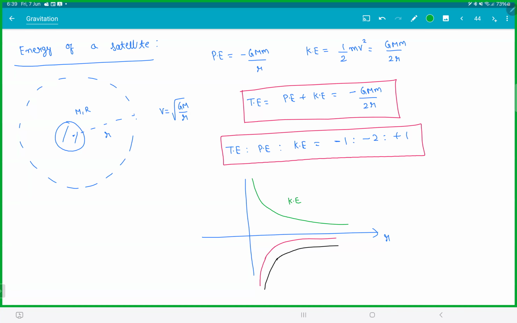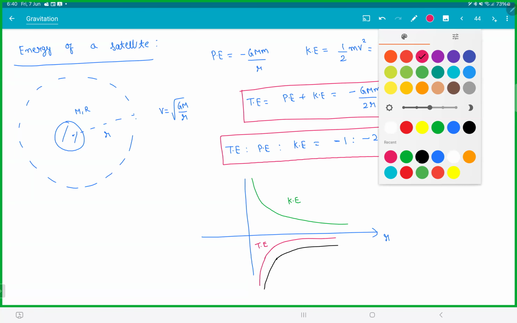Kinetic energy, positive. What about the red line? The red line is the total energy. Because if you see, the total energy is minus GM by 2r, it is a smaller one. The black line is the potential energy.